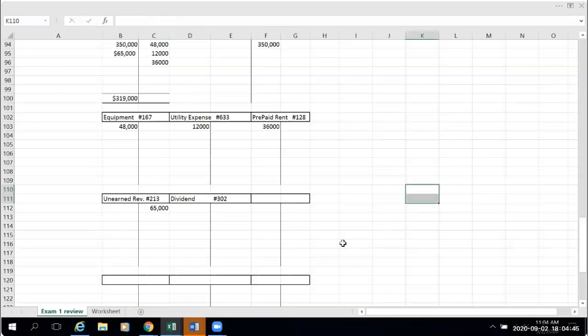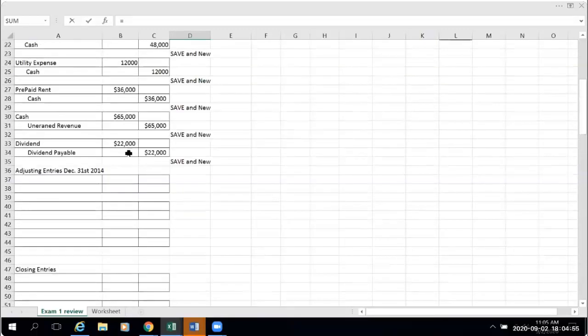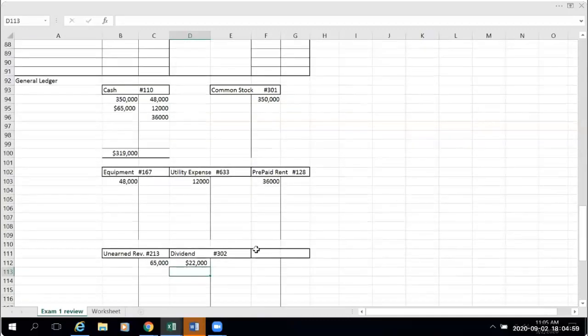Okay, there you go. Now, how much is that? Dividend normal balance is debit, so right there in that box, debit, enter. The other one is dividend payable, and that's the account number.